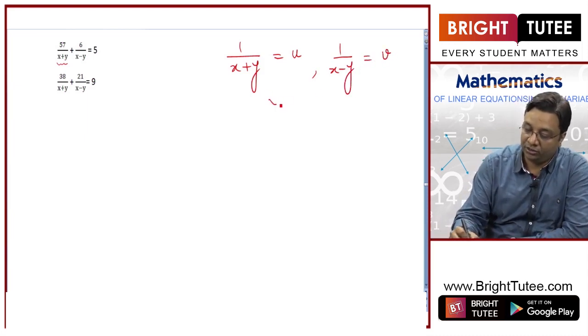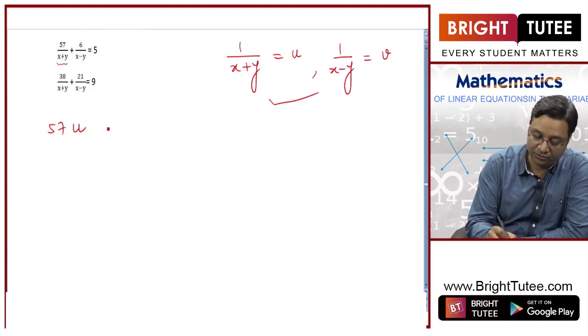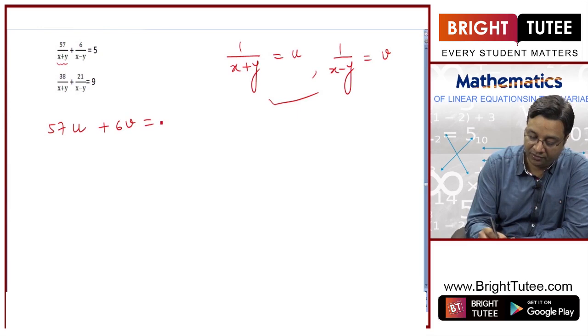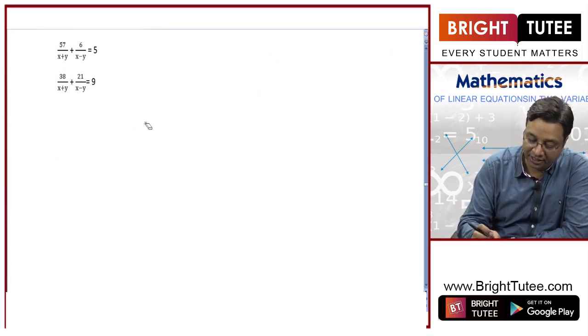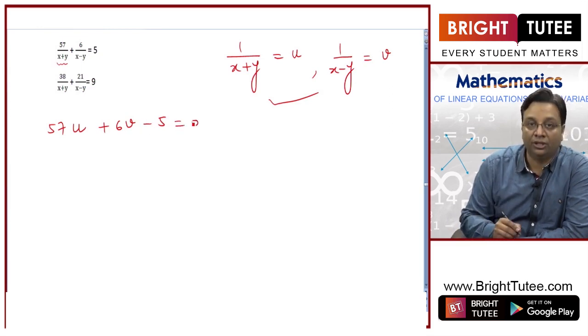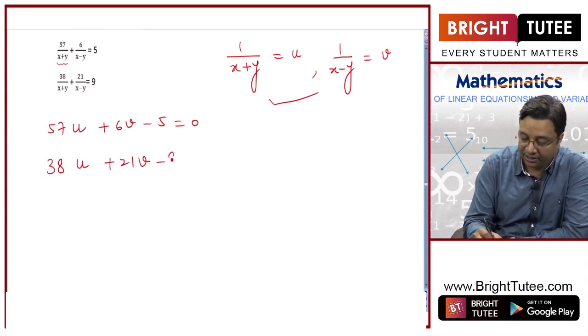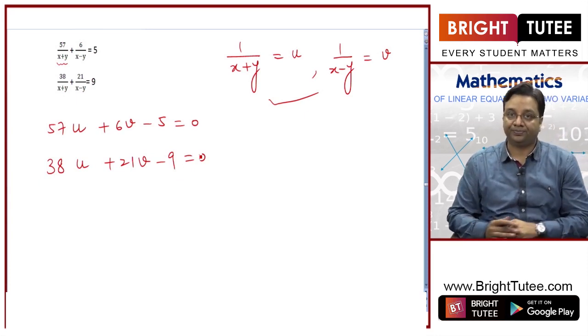Now after I do this, these equations will become 57u plus 6v equals 5, or I can bring 5 on the left hand side here itself, minus 5 equal to 0. So this equation will become 38u plus 21v minus 9 equal to 0.